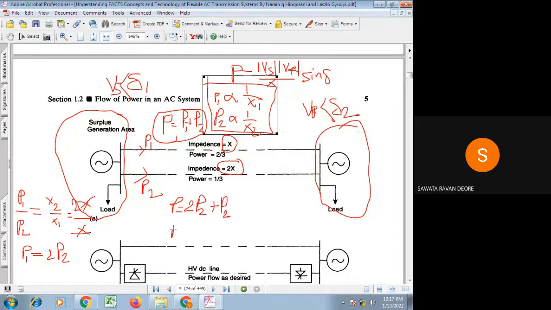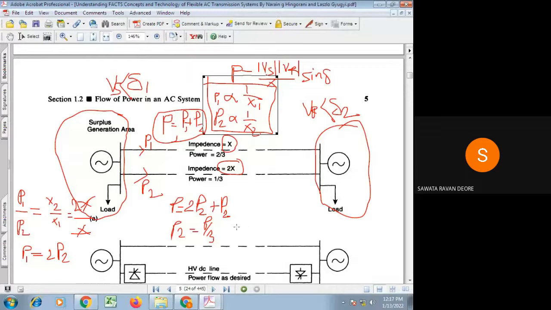That is, P is equal to 3P2. So P2 is equal to P divided by 3.